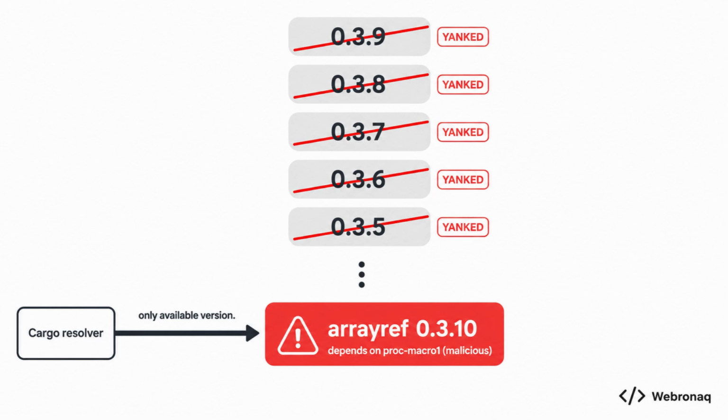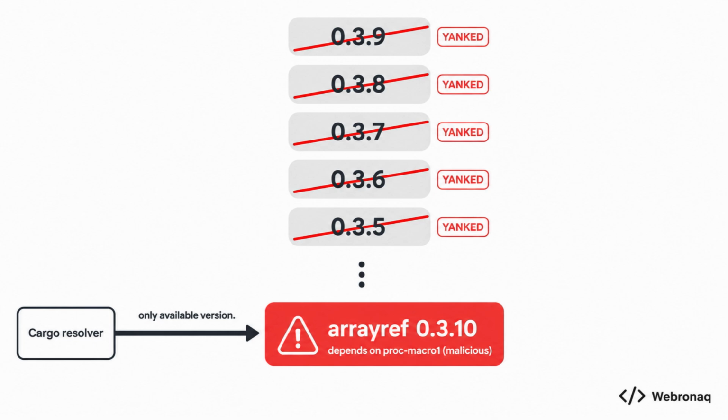Yanking a version on crates.io means it is skipped by fresh dependency resolution. So if you ran a fresh dependency resolve that morning, Cargo saw all those previous versions as off-limits and pointed you straight at 0.3.10. Existing lock files that already pinned a safe version were unaffected, but any fresh resolve had only one choice. Cargo even shows a warning nudging you toward a non-yanked release. The attacker turned that helpful warning into a funnel.